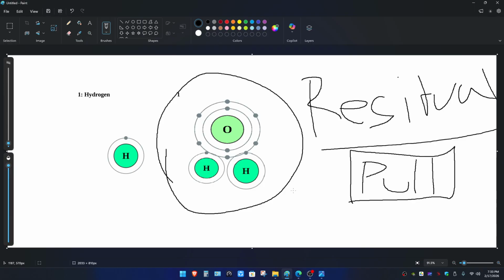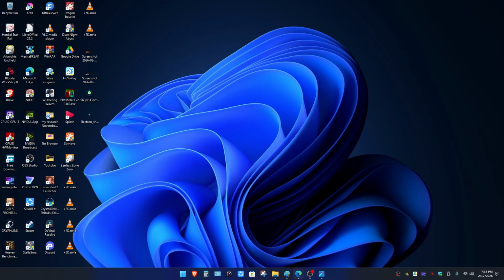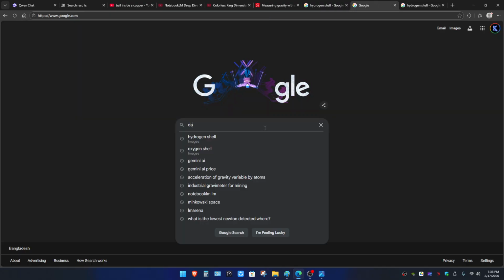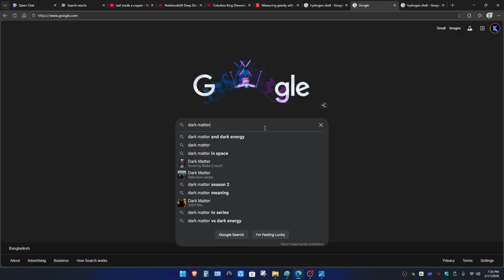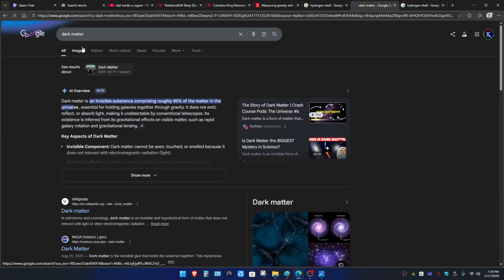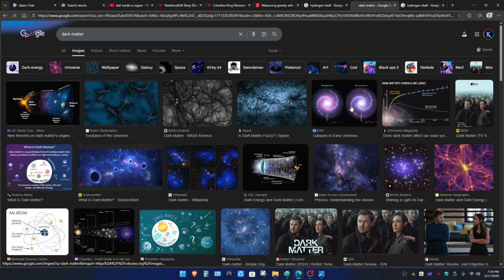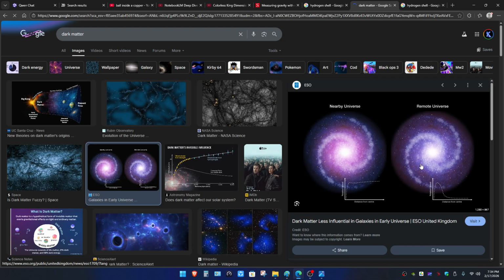So one might say, what the heck, this is dark matter? Yes. What we call dark matter is why the inner part of the galaxy is rotating as fast as the outer part of the galaxy.